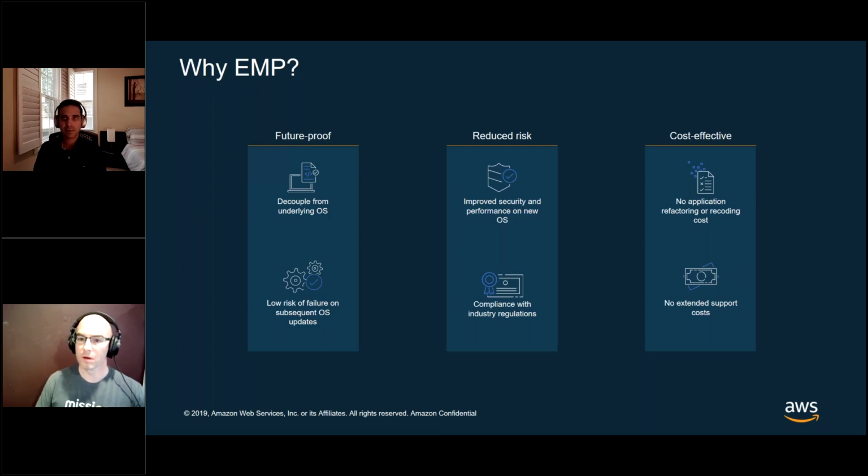Because we are able to package the application and move it to a new version of Windows, we are eliminating the risk of any security exposure, mainly because when your app is moved to a new version of Windows, you are getting the new security updates and patches that Microsoft puts out. So that eliminates your security risk.